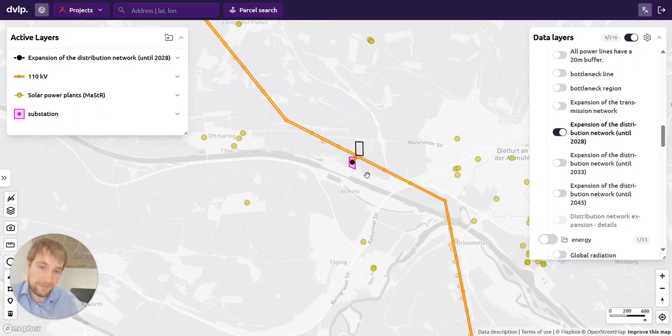So we can maybe add to our conclusion that the situation as it is right now is rather pessimistic. There is a severe risk for a bottleneck. However, we do see that in the future, in March 2028, the bottleneck should be resolved and we might be able to connect our project then, which could suit our project timeline.